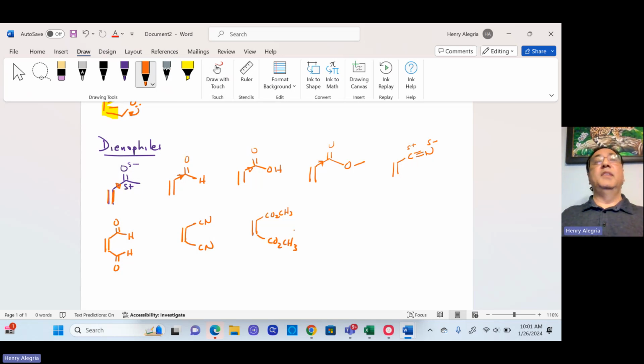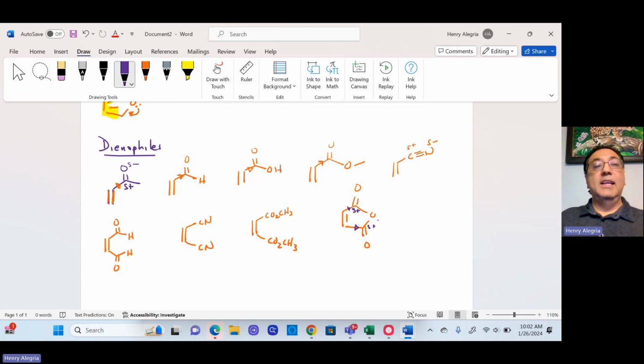And just like in the case of the cyclic ones for dienes, a similar situation would happen in the case of your dienophiles, because imagine if I could have something like this. Here's my dienophile, and I now have it in the form of a ring like that, and now have two carbonyls that are pulling. So delta plus here, both of them are actually pulling, and this is locked in the form of a ring, so that's actually very good.